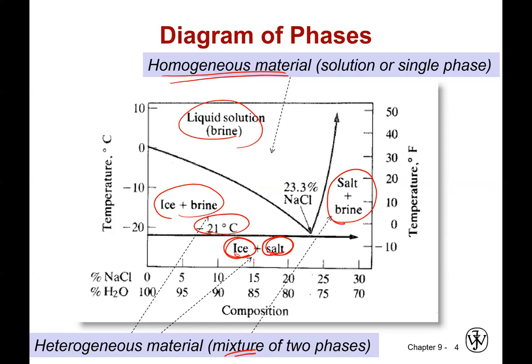If I can hit this special composition here, then even down to minus 21 degrees, I still have only a liquid, so I don't have any piece of it frozen. If I don't have enough salt, then I'd be over here somewhere, and I'll still have the brine. It won't be completely solid, but I will have some ice mixed in, so I got kind of a slush. And the same if I got too much. So there is this ideal point here where I can get the lowest temperature with having only liquid.